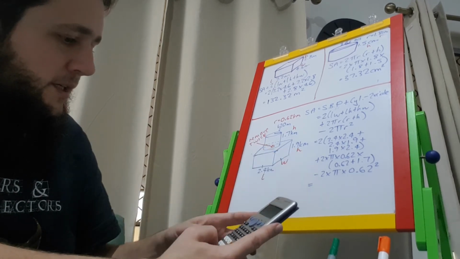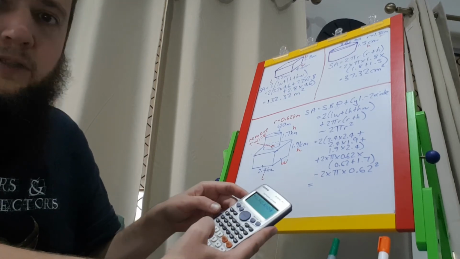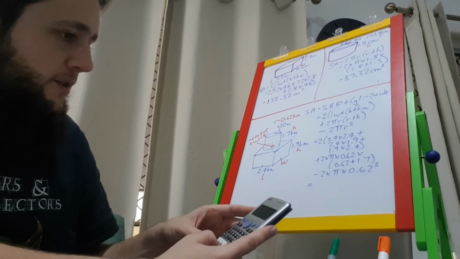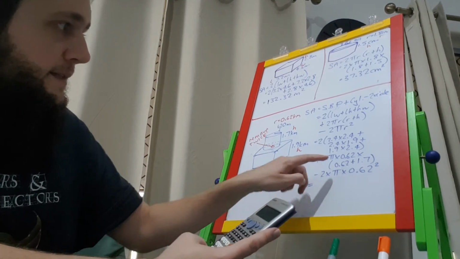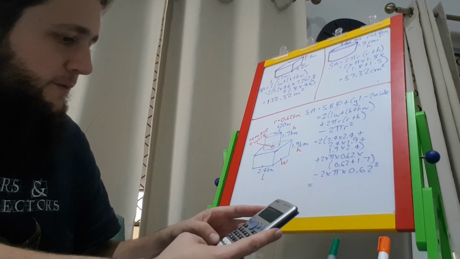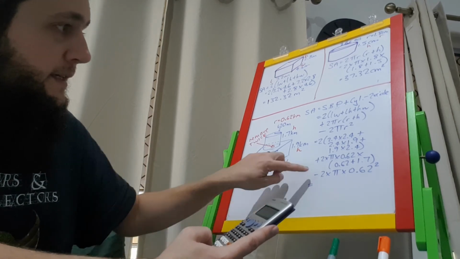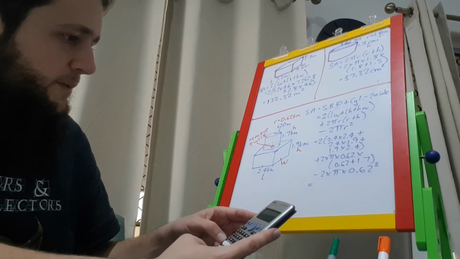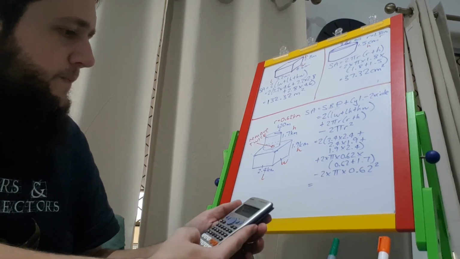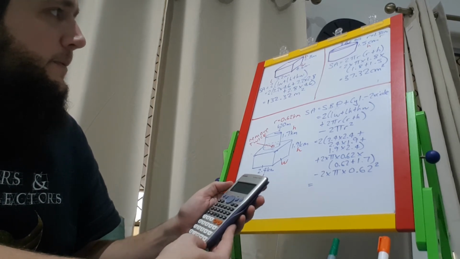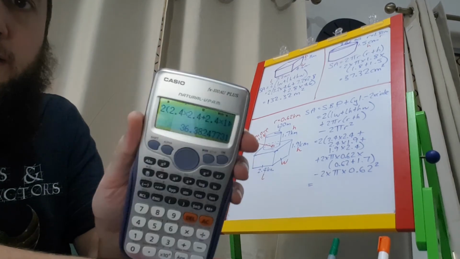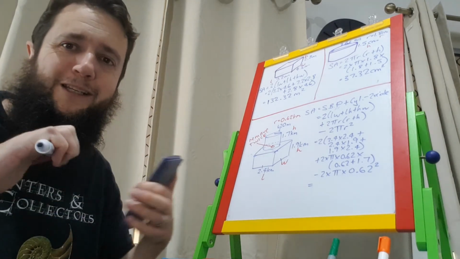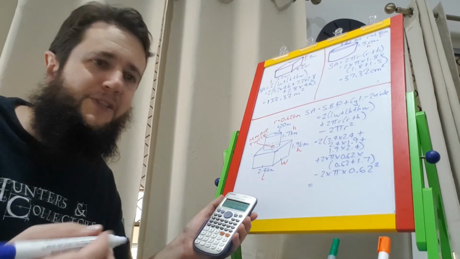Plus, so I'm up to here, 2 times, use the pi value, don't estimate pi, enter it in properly, times 0.62 times, open brackets, 0.62 plus 1.7, close brackets, subtract 2 times pi times 0.62 squared. Now I really hope that that's going to be correct. That's what it gives me. Any corrections, send them to me so I can embarrassingly have to fess up to my own mistakes.